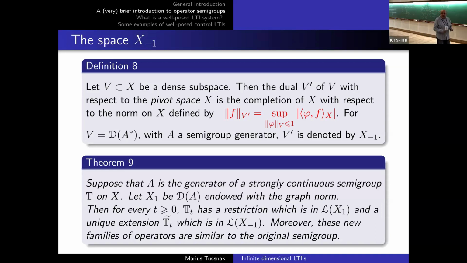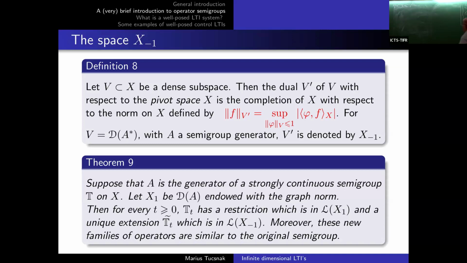So somehow I take duality with respect to the inner product of X. So I obtain in this way a larger space, a space which is larger than X, which is called the dual space of V with respect to the pivot space X. So people write V included in X, included in V prime, and call this sometimes the Gelfand triple. It's a structure which appears many times.